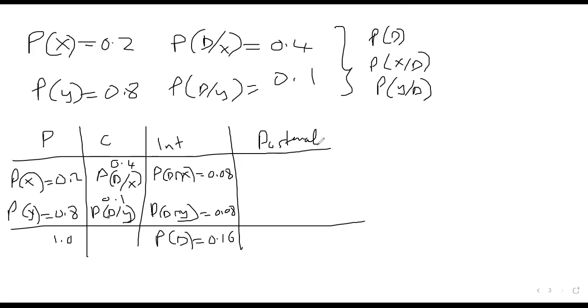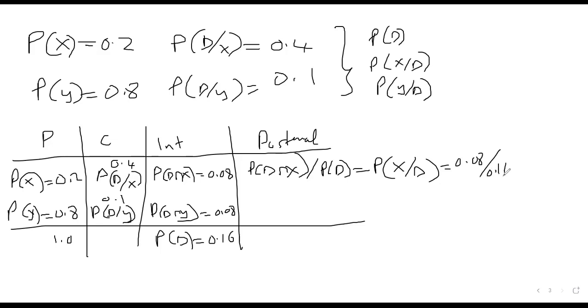Then we finally go to the posterior probability. How do we handle the posterior probability? When you divide the probability of D intersection X over the probability of D, what are we going to get? We're going to get the probability of X given D. So this would be 0.08 divided by 0.16, which is 0.5 or 50%.